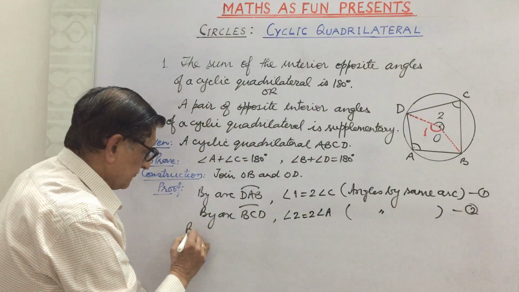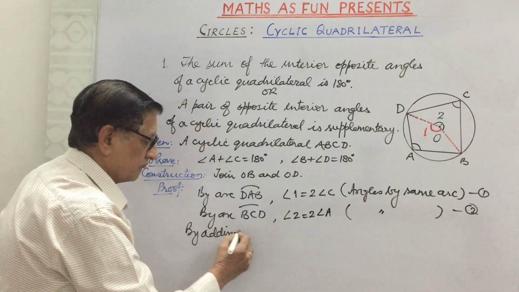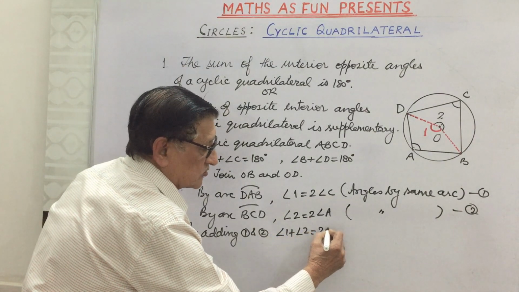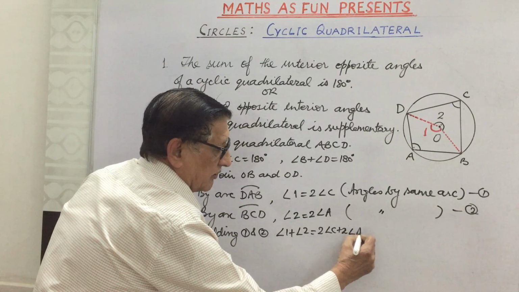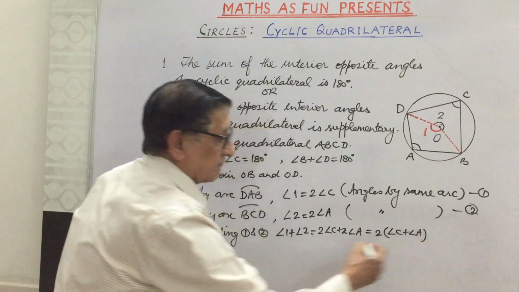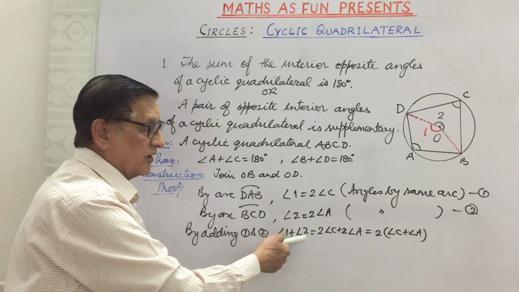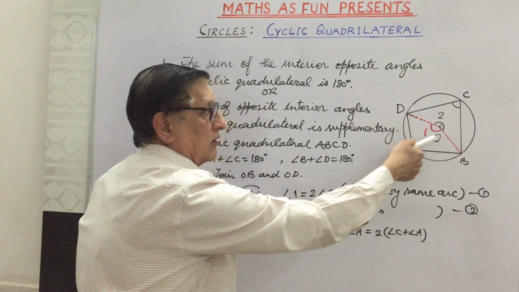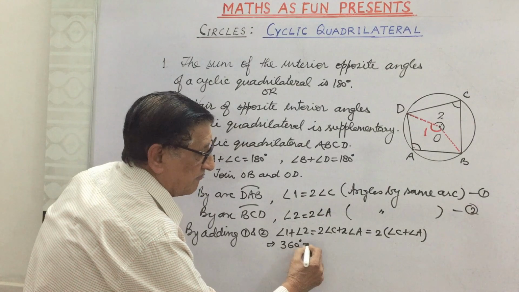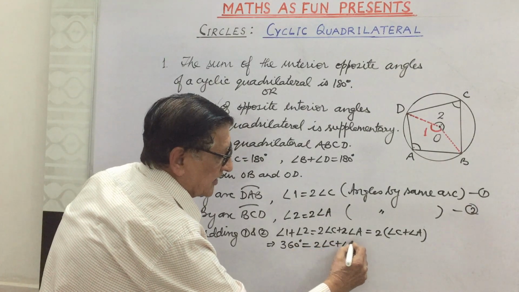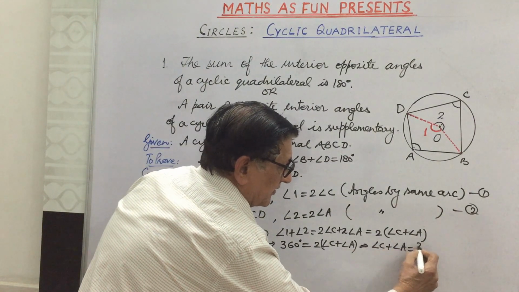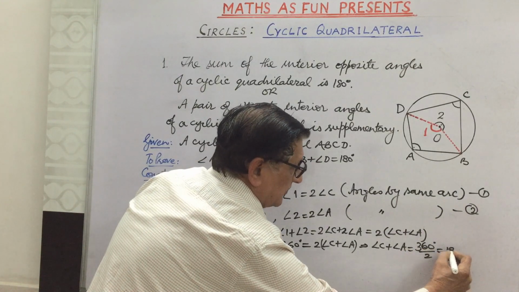Now by adding 1 and 2, we get angle 1 plus angle 2 is equal to twice of angle C plus twice of angle A. Taking 2 common, this is twice of angle C plus angle A. And we know that angle 1 plus angle 2 is a complete angle of 360 degrees. So 360 degrees is equal to twice of angle C plus angle A. So angle C plus angle A will be 360 divided by 2, that becomes 180 degrees.